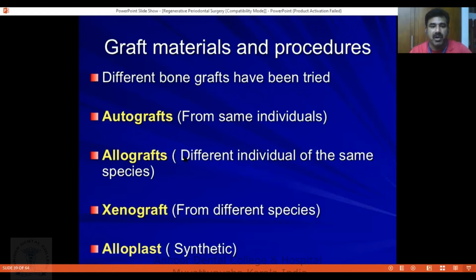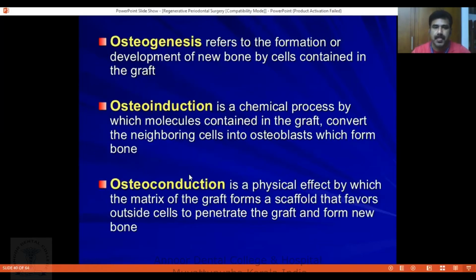When you obtain bone graft from another individual belonging to the same species, that is, another human being, it is called an allograft. Suppose we are taking bone graft from another species, say from cow, from pig, from horse, it is known as xenograft. And the market is flooded with synthetic bone grafts, that is artificial bone grafts, known as alloplasts. So this is how you classify bone grafts.